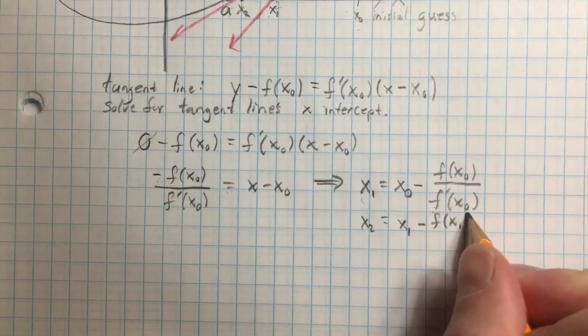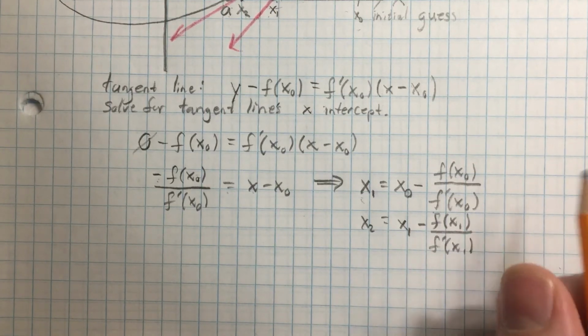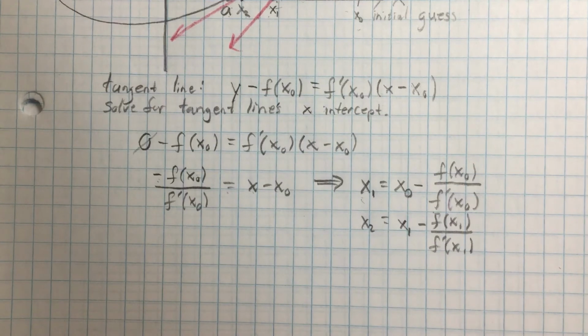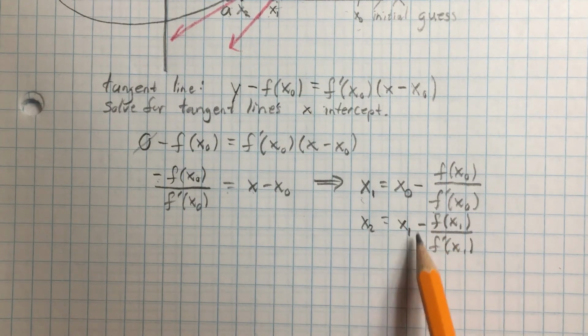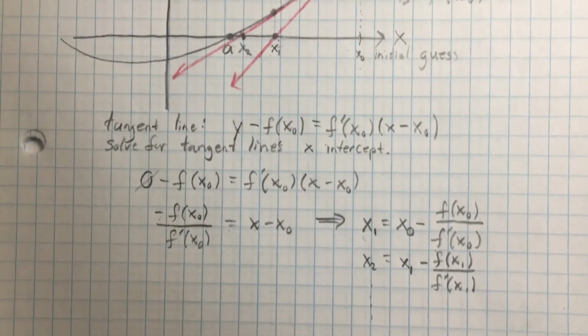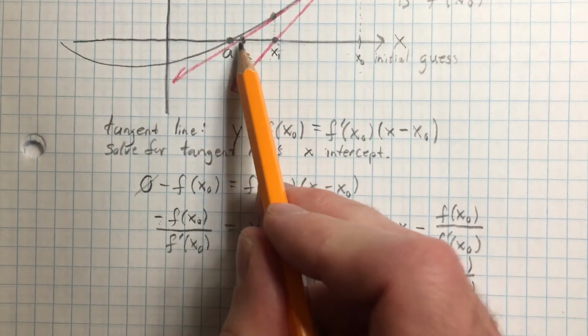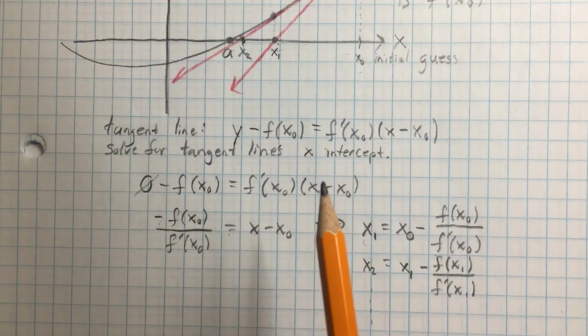So f of x1 over f prime of x1, and so forth. And I could keep applying that value. I'll take that value x2, plug it back into the formula again, I'll get x3. x3 again, I'll get x4, and so forth. And it will keep giving me more and more x-intercepts of tangent lines closer and closer to a, giving me better and better approximates to a.